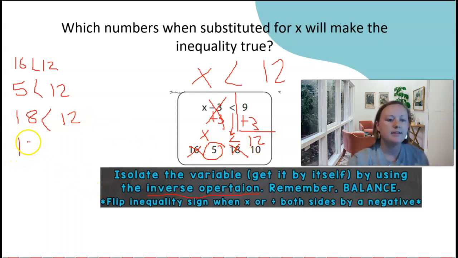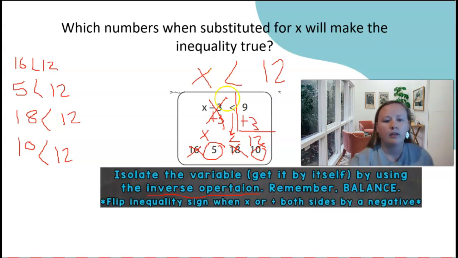And our last one says 10 is less than 12. That's true, so we will circle it. So the two numbers that could go in place of X were 5 and 10 because they're both less than 12.